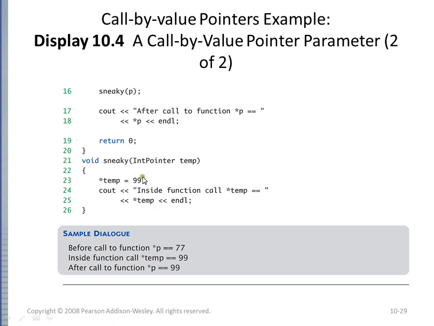Now the function is done, so we go back to main and we print out p, and the content in p is also 99. Because what this function did, it opened the locker using the key, it removed the 77 and it replaced it with 99. Fine? So we went back to main. When we use the same key, when we open the locker, we don't find 77 anymore, we find 99.